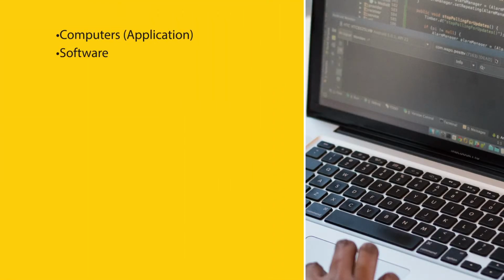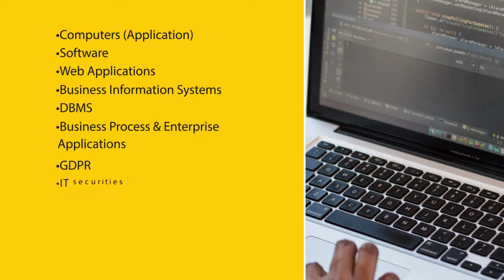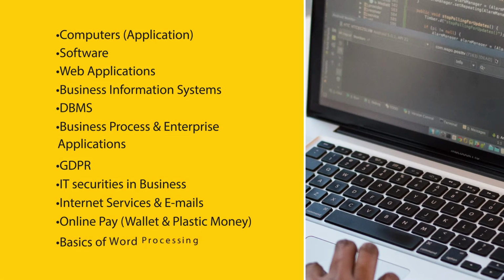We focused on the computer, then software, then web applications, then business information systems, then database management systems, then business processes and enterprise applications, how we are going to use GDPR, IT security in business, internet services and emails, online pay, and basics of word processing. Now this session focuses on the basic tools used in Microsoft Word.